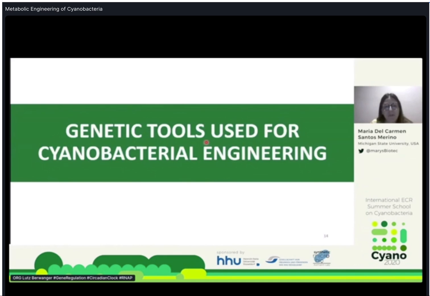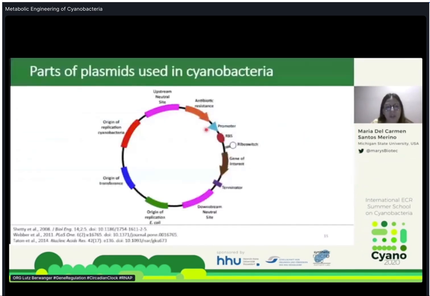For doing metabolic engineering in cyanobacteria, we need some specific tools. In the first place, we need plasmids to introduce the modifications into the cells. We have different types of plasmids we can use in cyanobacteria. In all the cases, we are going to have an origin of replication of E. coli, because the modifications or the construction of this plasmid we perform in E. coli.